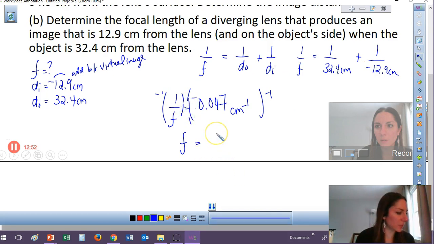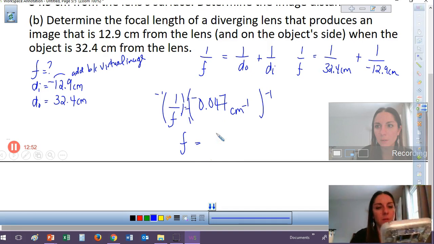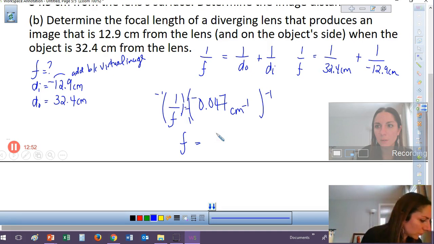Anyway, point being is I'm going to take the inverse of that number, which I will do right now. Negative 21. Oh no. Let me go with my history. Hold on. That's my number.